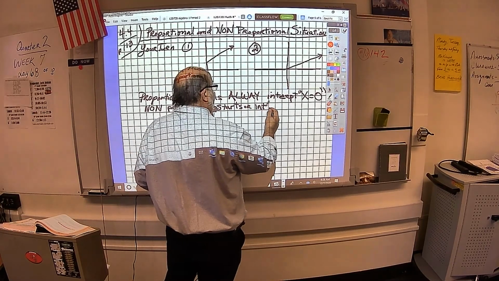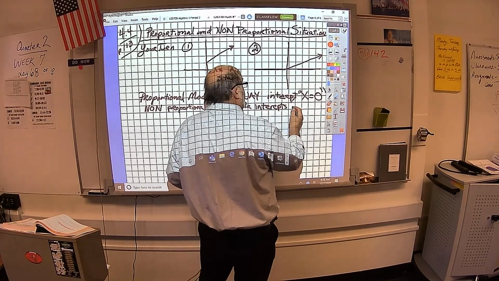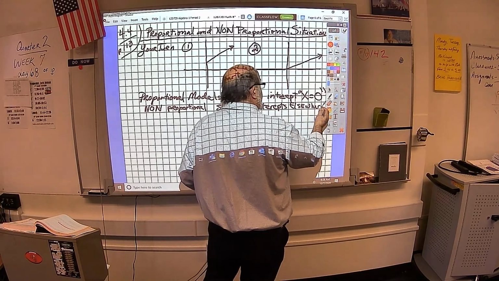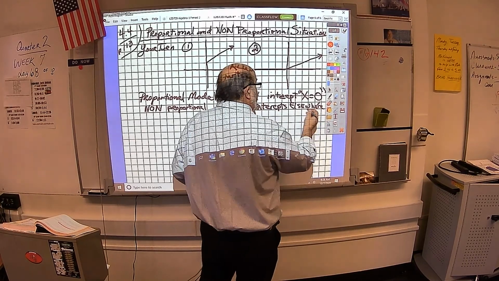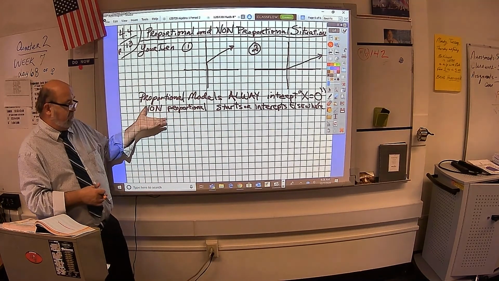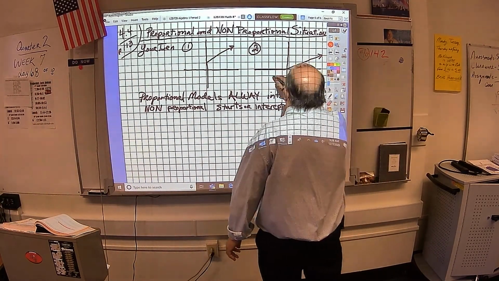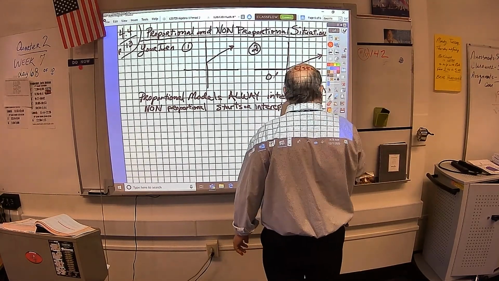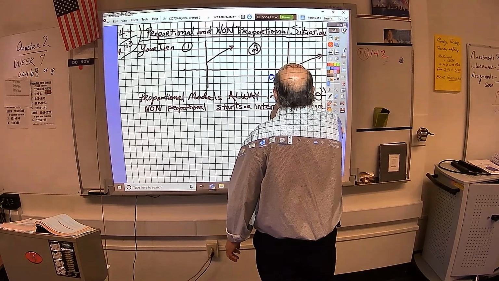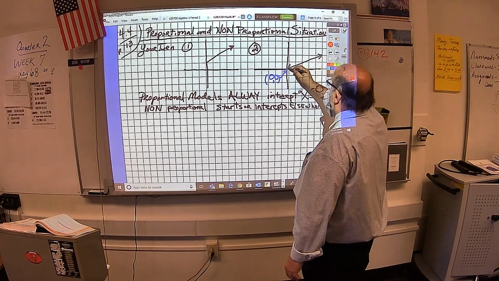One starts or intercepts elsewhere. I happen to like that word for this use, so sorry if that's one you're not used to writing or seeing. So, which one of these intercepts 0, 0? Well, 0, 0 is right there. So that's an intercept of 0, 0.